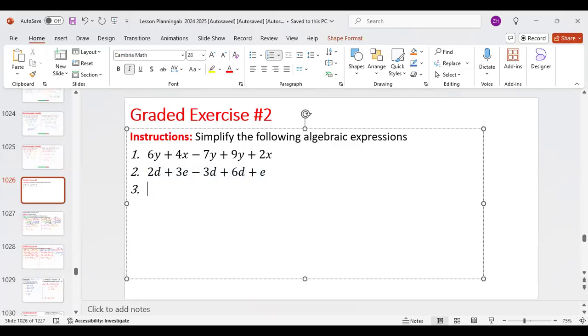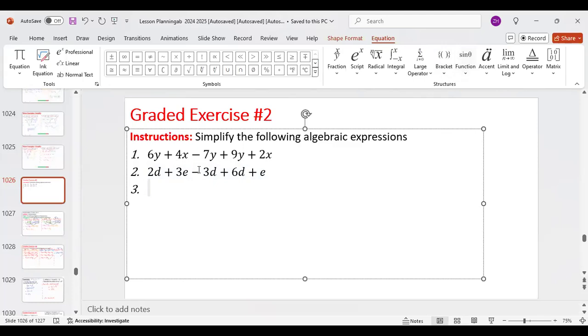Number 3, we have, again, 6f plus 8g minus 7f plus 3f plus.